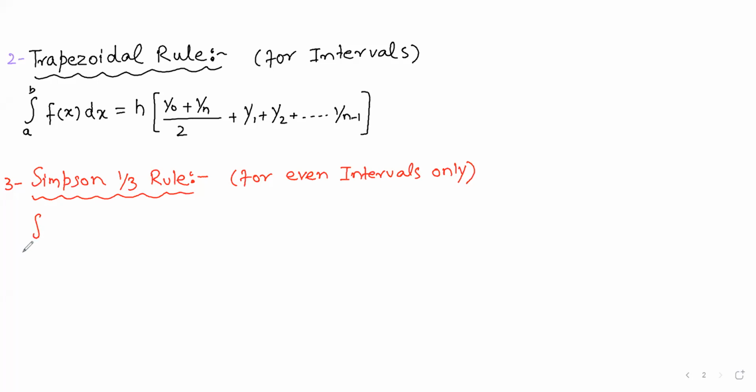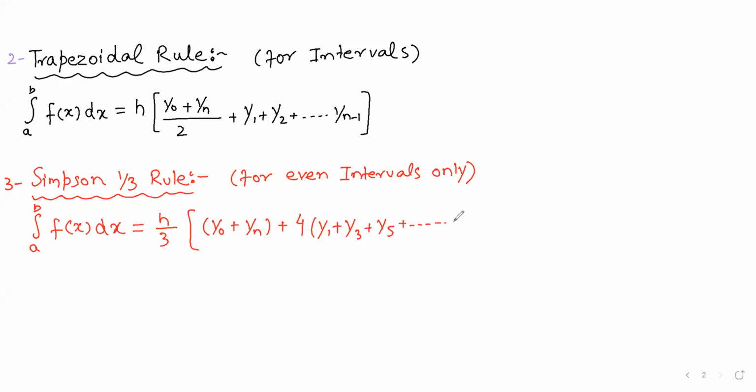Again, the integral from a to b of f(x) dx is given by h by 3 into (y0 plus yn) plus 4 into (y1 plus y3 plus y5, like the odd terms) plus 2 into (y2 plus y4, and so on up till this one).